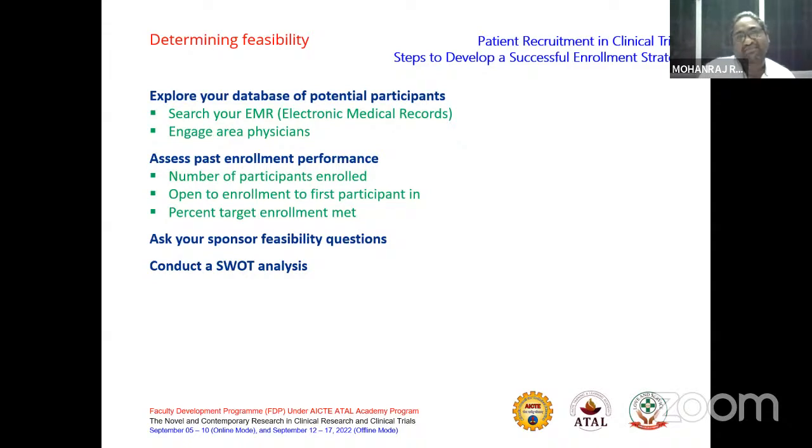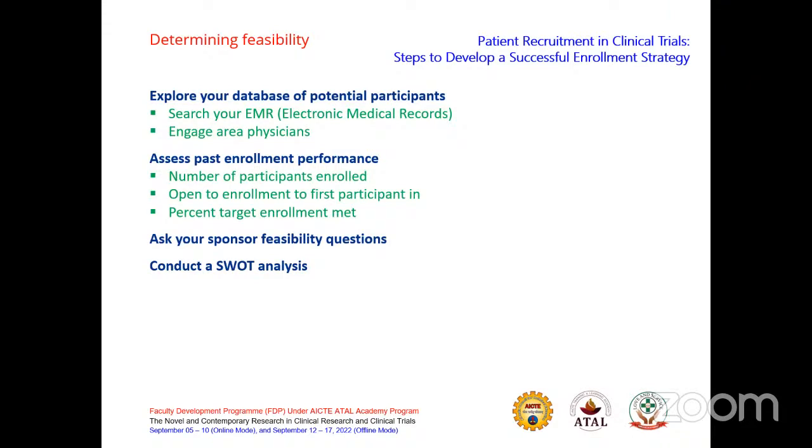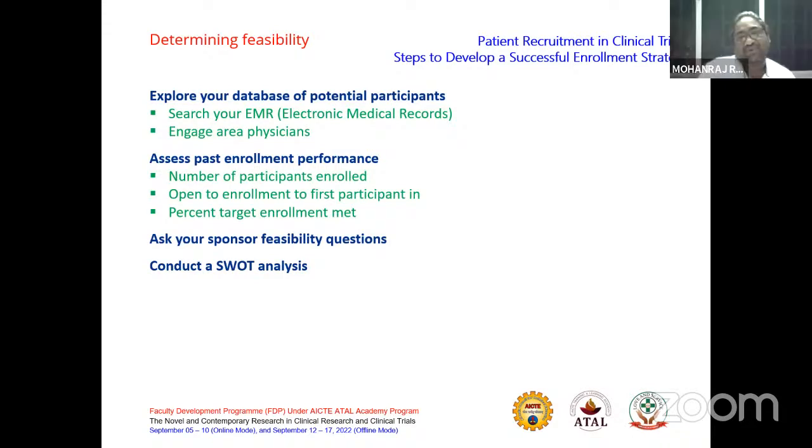And once this is planned, the research team has to stay closely in touch with the sponsor to get questions clarified. Why? Because sponsors are very important for clinical research, and this can be easily explored by performing a SWOT analysis.